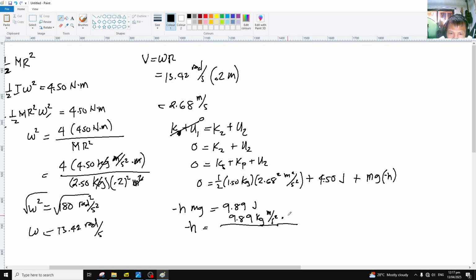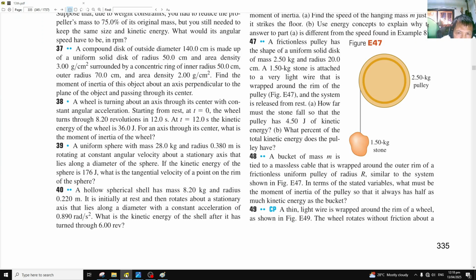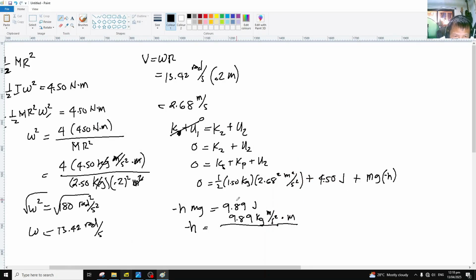Tapos yung mass naman ng stone, yung potential sa stone, that is 1.50 kilogram, and then 9.80665 meters per second squared. So, negative, magpa-positive yung height kasi ni-negative na natin na diretso, di ba?